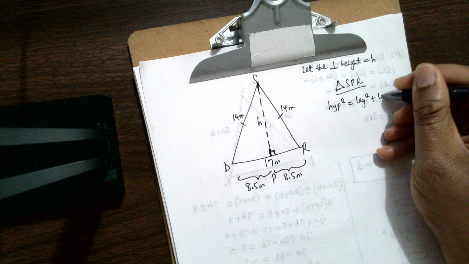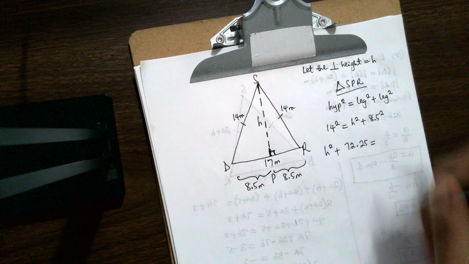So h squared plus, we find 8.5 squared, that gives us 72.25, is equal to 14 squared, which gives us 196. So h squared is 196 minus 72.25.